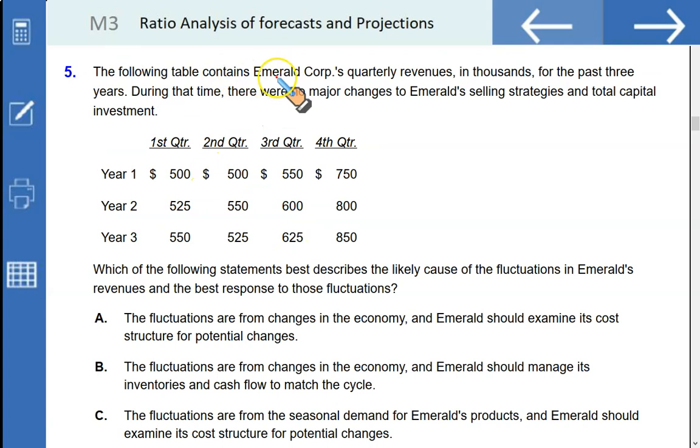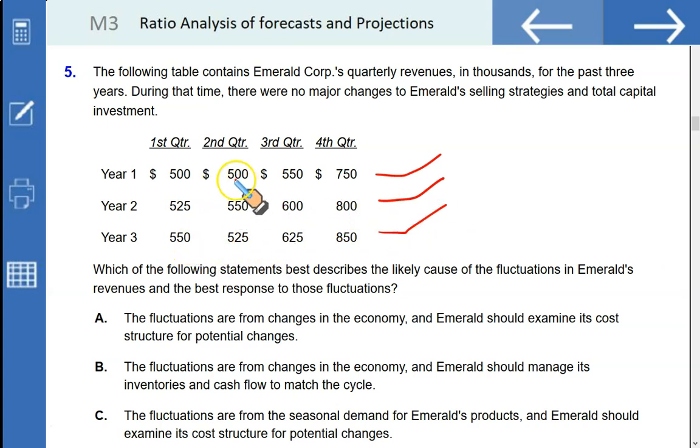The following table contains Emerald's quarterly revenues in thousands for the past 3 years. During that time, there were no major changes to Emerald's selling strategies and total capital investment. Year 1, 500 in quarter 1, quarter 2, quarter 3, quarter 4. Year 2, quarter 1, quarter 2, quarter 3, quarter 4. Year 3.